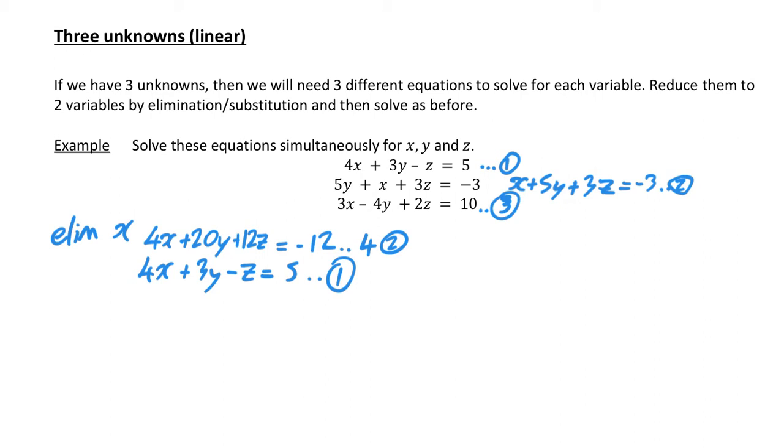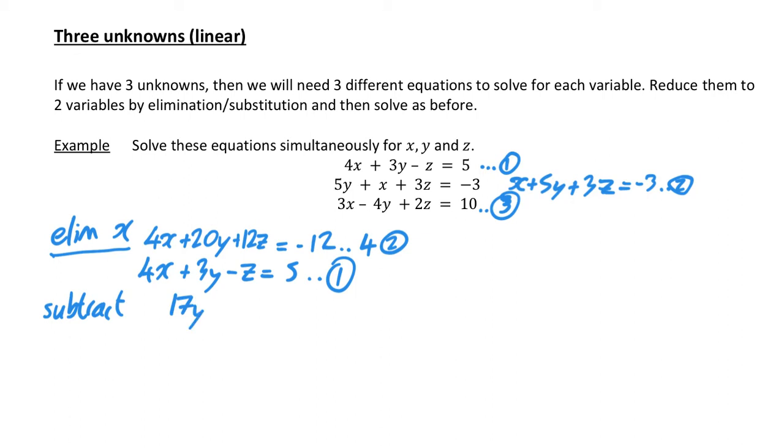Remember, this is why we have written down eliminate x. It focuses us on what we're trying to eliminate. The signs of the thing that we're trying to eliminate are the same. If the signs are the same, you subtract. So 4x minus 4x is 0. 20y minus 3y will be 17y.